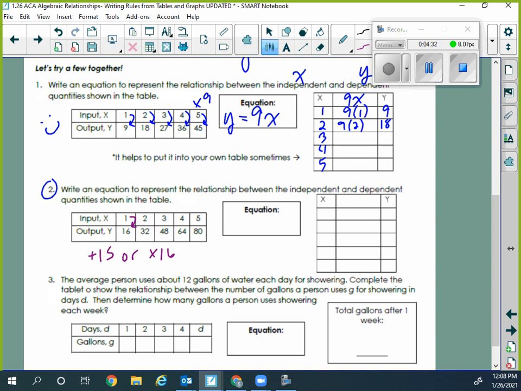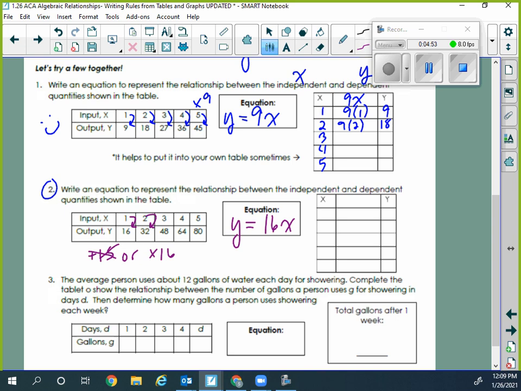So in order to know if that's true or not, I have to do what? I got to go again. And I'm like, okay, 2 plus 15 is not 32, so it's not that. But 2 times 16 is 32. So then that proves that the equation is y equals 16x.